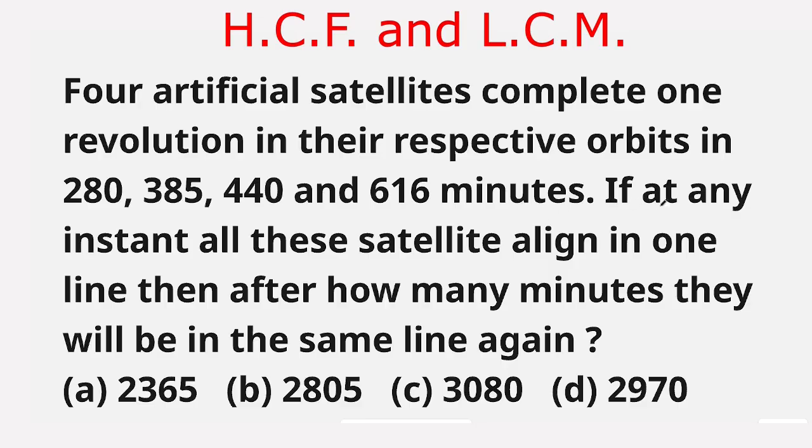If at any instant all these satellites align in one line, then after how many minutes they will be in the same line again? The given options are option A, 2365, option B, 2805, option C, 3080, option D, 2970.